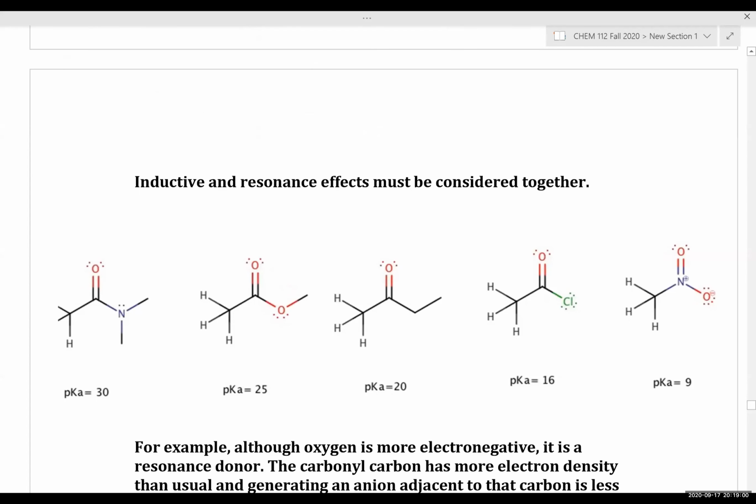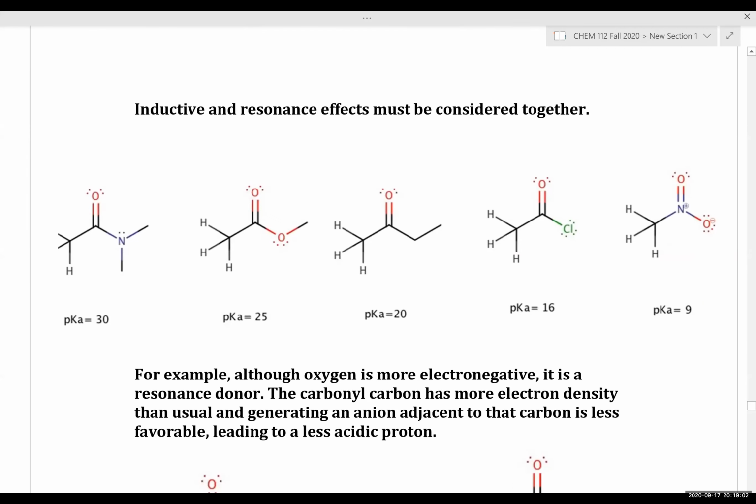So, one thing to keep in mind is that inductive and resonance effects must be considered together as a group. As we see, these are the common pKa's for our protons adjacent to a carbonyl functionality.